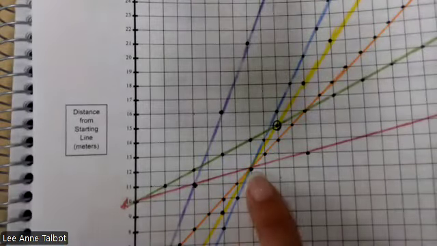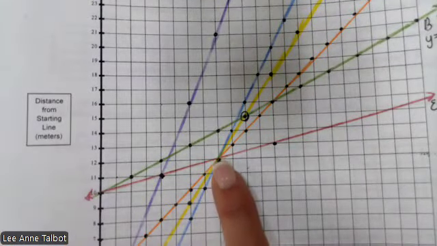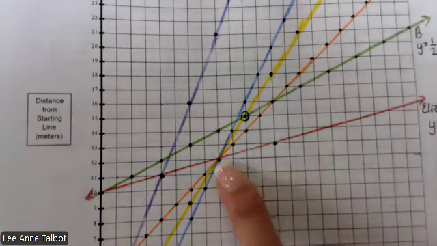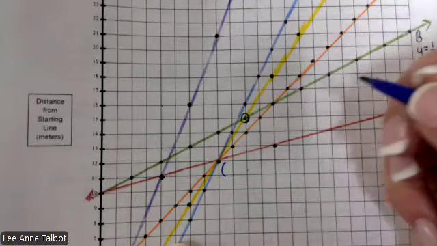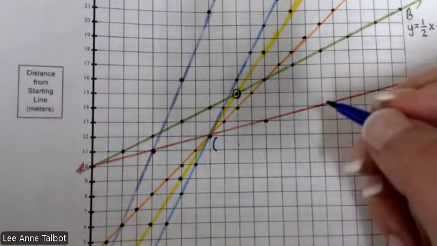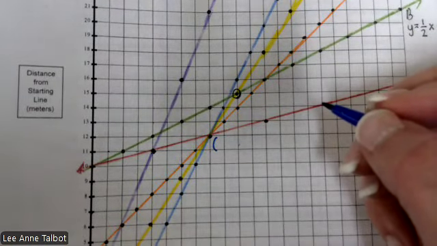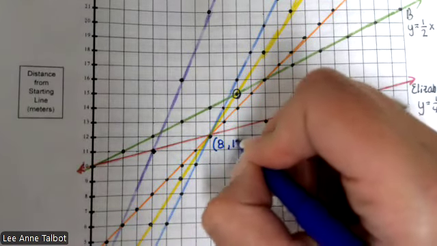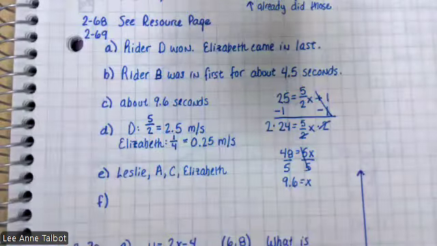And what I'm looking at is this coordinate right here where all 4 of these lines cross in the same spot. What is this coordinate? Nope, not today. I would have been so excited if that was the case, but what is it? 8, 12. Yeah.